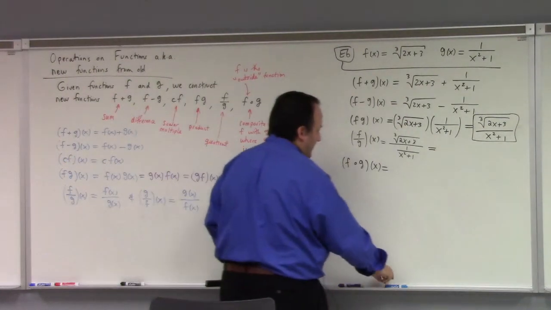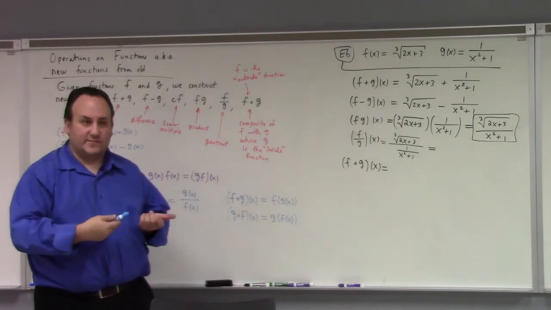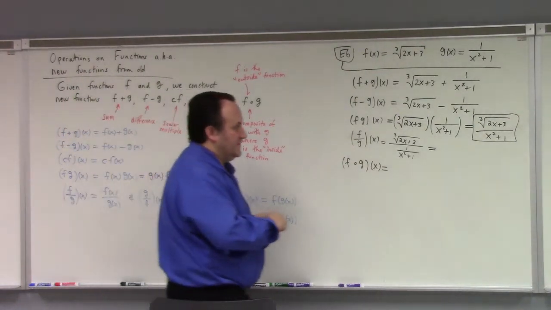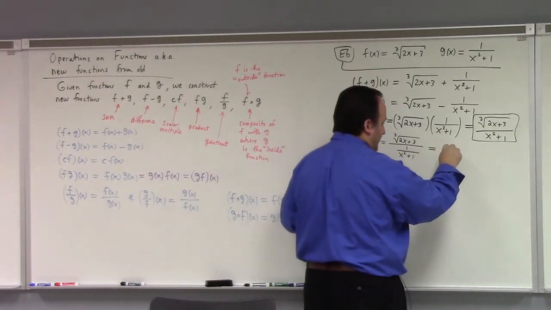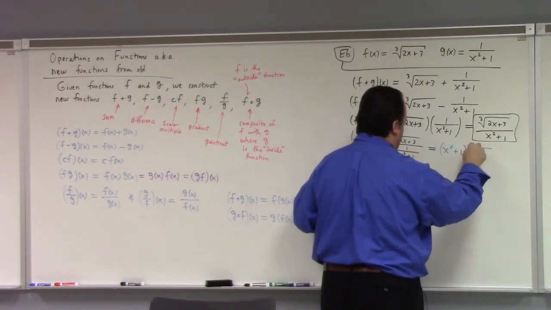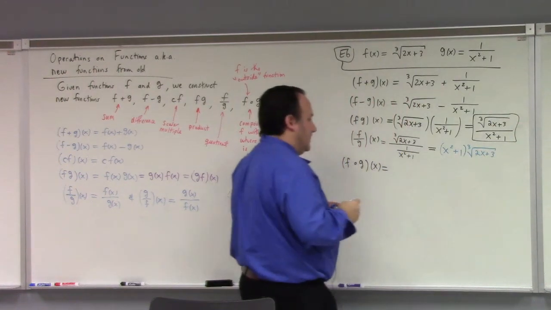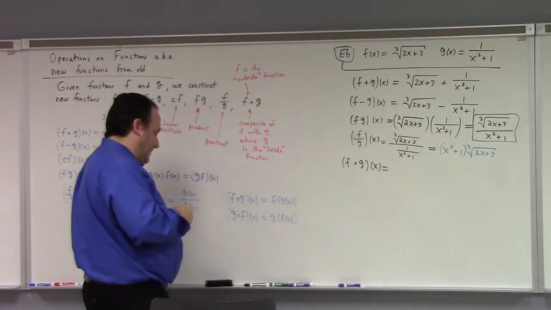What happens if you're dividing by 1 over x squared plus 1? That's the same as multiplying by x squared plus 1, right? So this simplifies to just x squared plus 1 times this cube root of 2x plus 3.